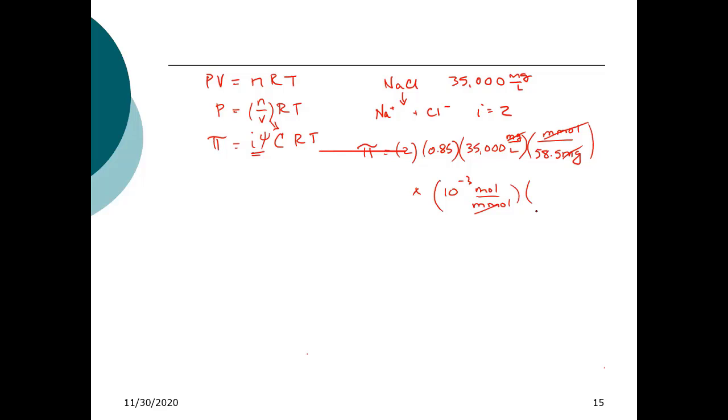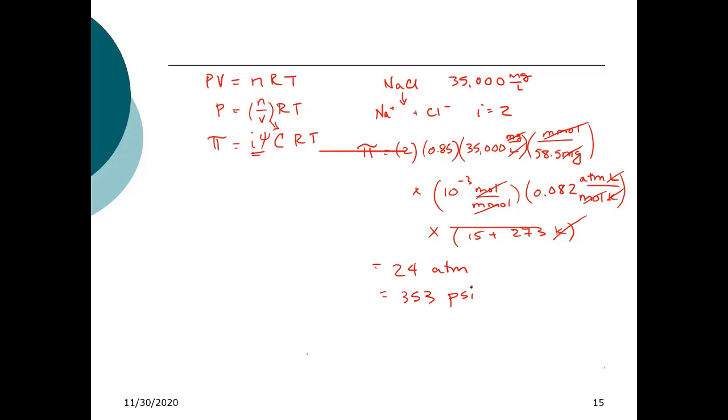And we'll multiply that by 0.082 atmosphere liters per mole Kelvin. And we still need to multiply by the temperature, and the temperature needs to be in Kelvin. Temperature cancels, moles cancel, liters cancel, and we have our answer in atmospheres. So the osmotic pressure is 24 atmospheres, or about 350 psi.